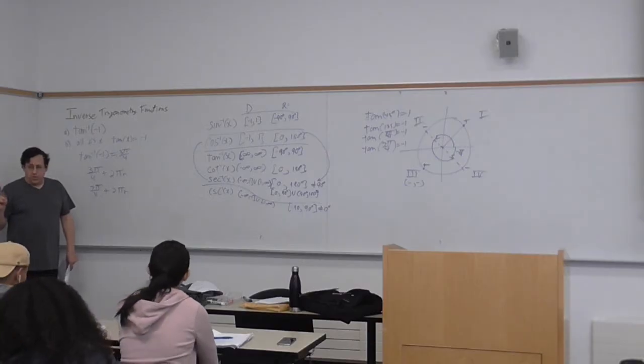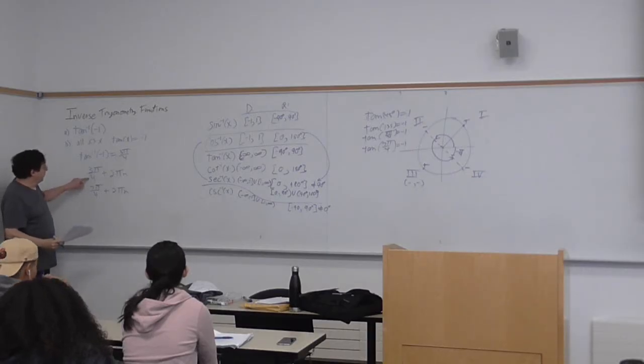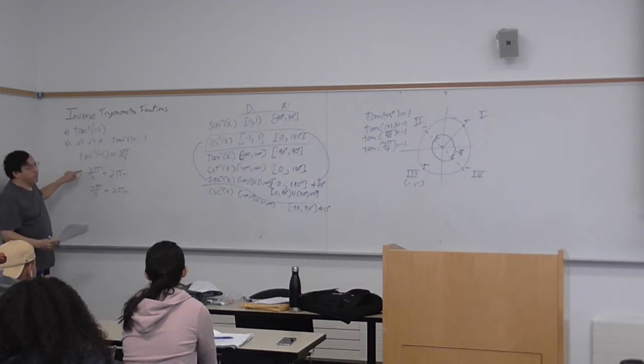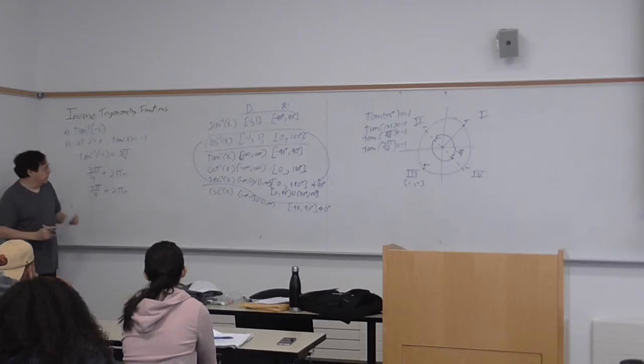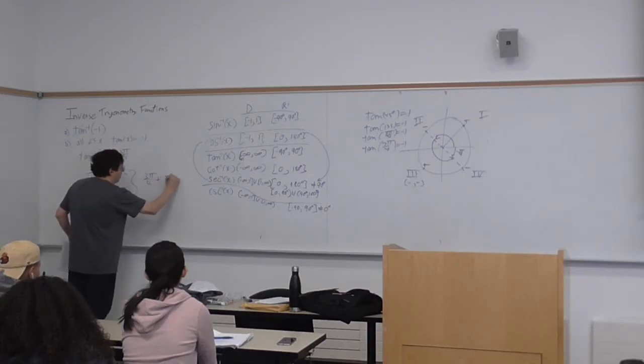If you look closely, we can write this a little more compactly, because 7 pi over 4 is just 3 pi over 4 plus pi, right? So these repeat every 2 pi, these repeat every 2 pi, but they're all 1 pi apart. So I could just write this as 3 pi over 4 plus pi n.